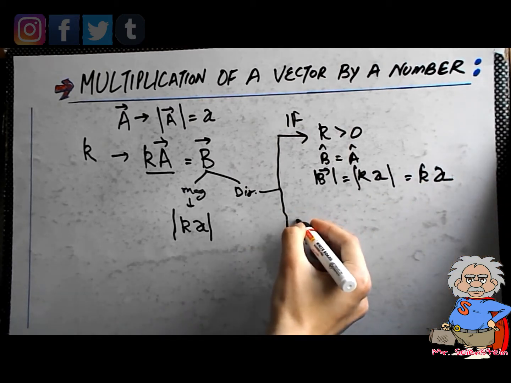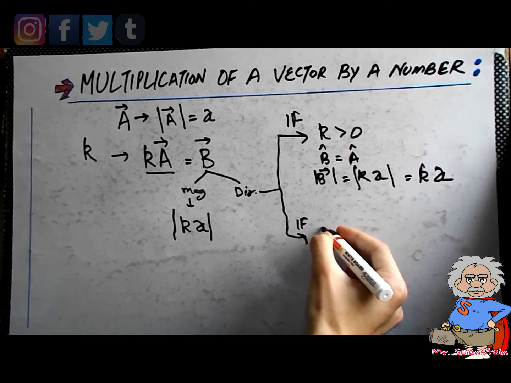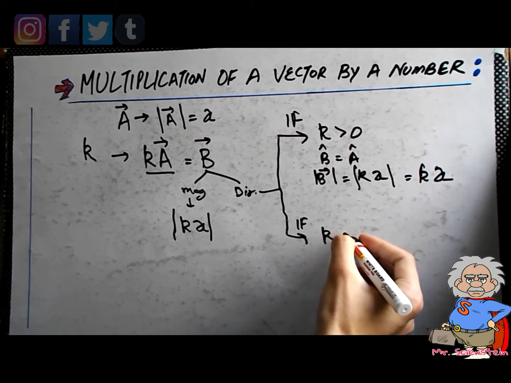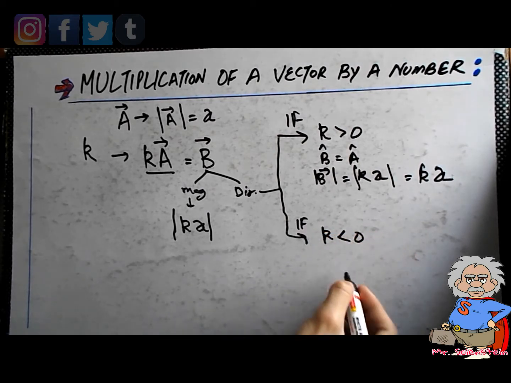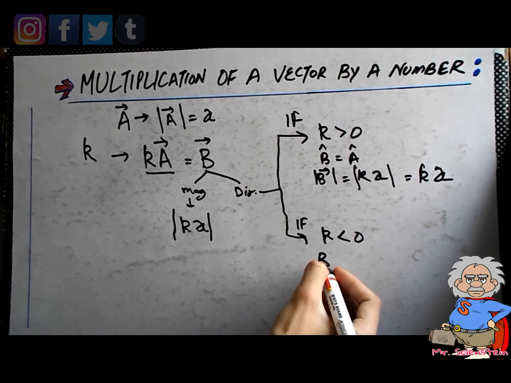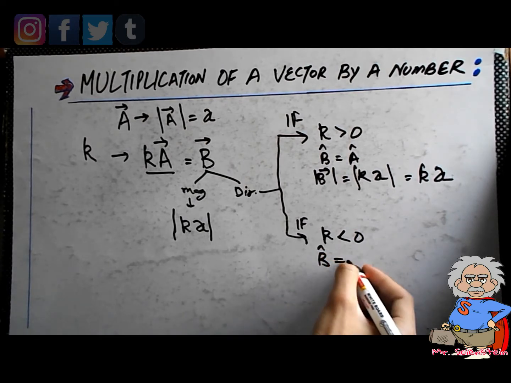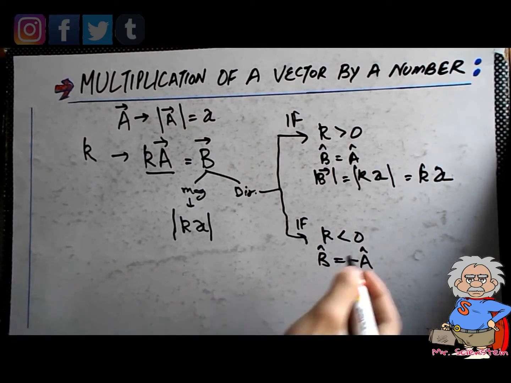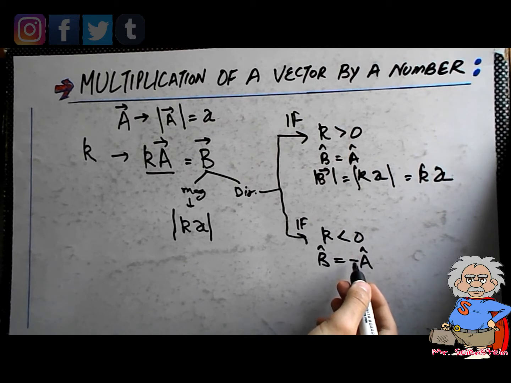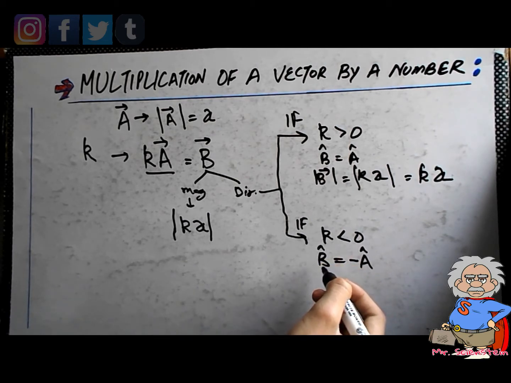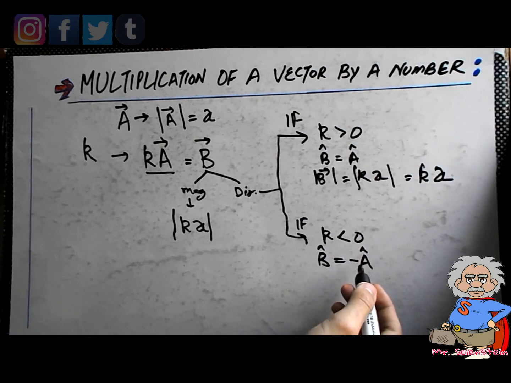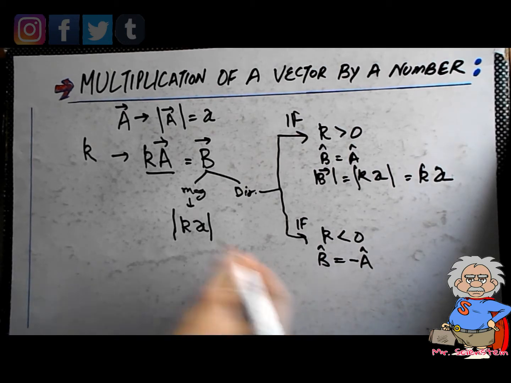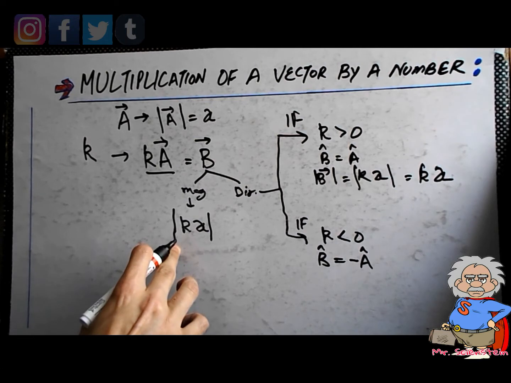Now if we have one more condition, if the k, which is a number, is less than 0, then at that time we will have the direction of this b vector inverted or opposite to that of a. So that means it will be negative times that of a, right? This negative sign over here indicates that it is the reverse of that of a. The direction of b is reverse of or opposite to that of a, and the magnitude will be given by the same, which is this.